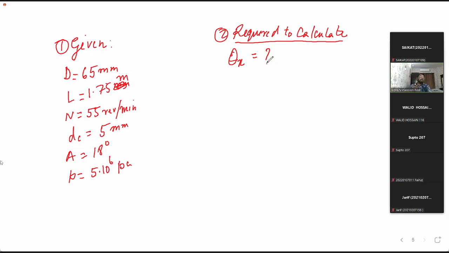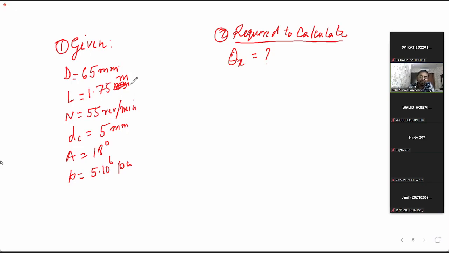Now we go to the next step. We have 65 millimeter, meter, revolutions per minute. We shall try to convert everything to the same unit.